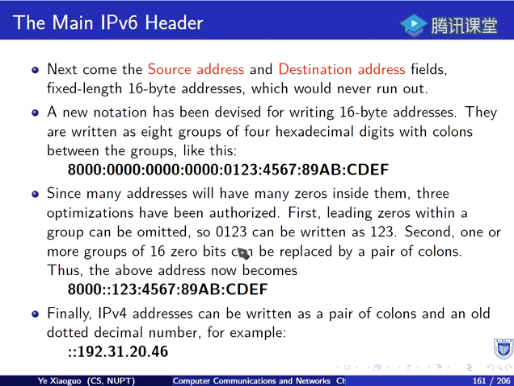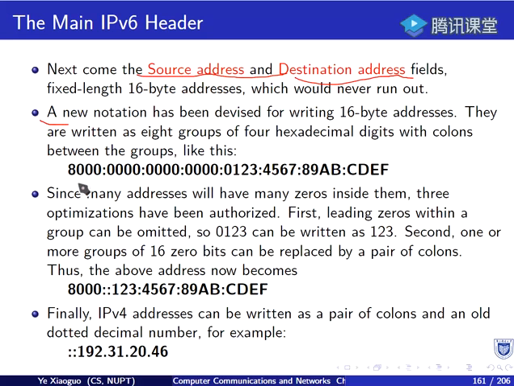Next come the source address and destination address fields. They are fixed-length 16-byte addresses, which would never run out. A new notation has been devised for writing 16-byte addresses.